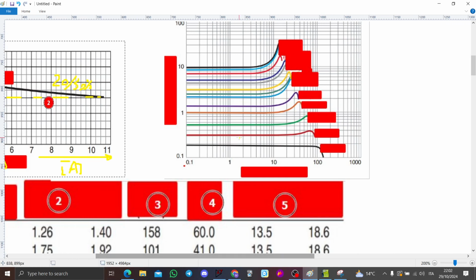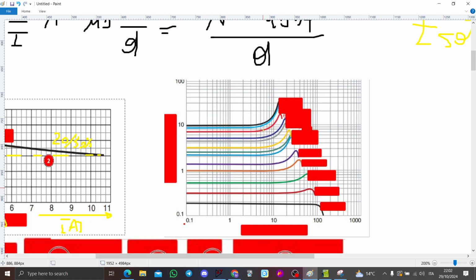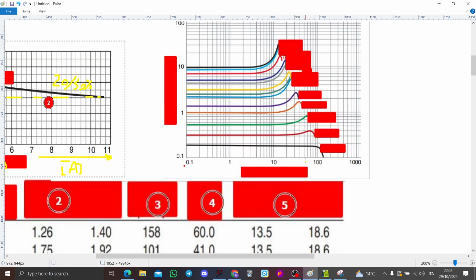Then this graph here is probably how the inductor changes in frequency, because the impedance of the inductor, after the model of the inductor, has also a resistor here, an ESR, an L, and also a capacitor, a parasitic capacitor CP.